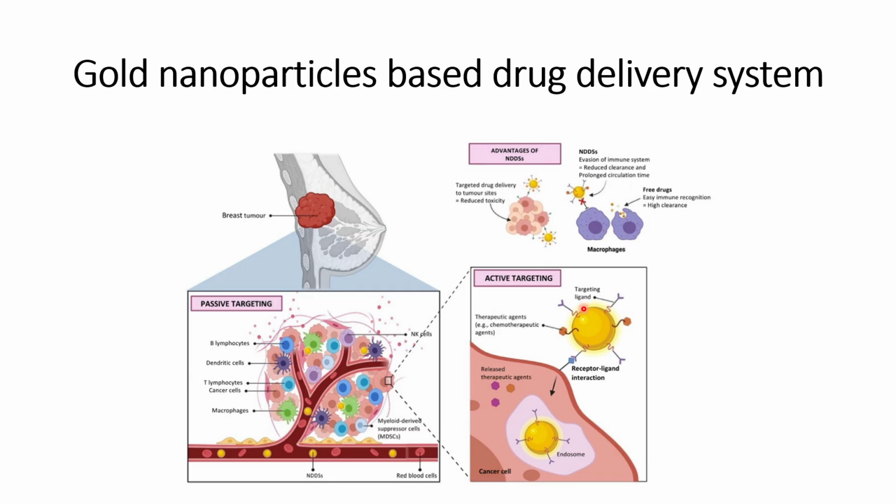One of the approaches shown here is that this targeting ligand, once it interacts with these receptors which are usually found on the cancer cells, will cause the gold nanoparticles to enter inside the cancer cells and release the therapeutic agent.